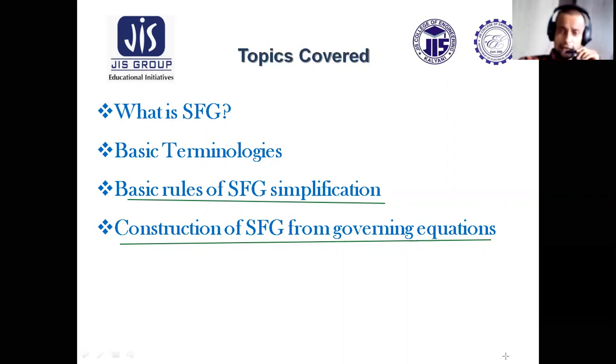So, if a system is represented by its governing equation, and if that system's transfer function is to be obtained, then we must know how to construct a signal flow graph from a governing equation so that we can get the overall transfer function of that particular system. So these are the topics which are to be covered under today's lesson. So let us now move to the next slide.